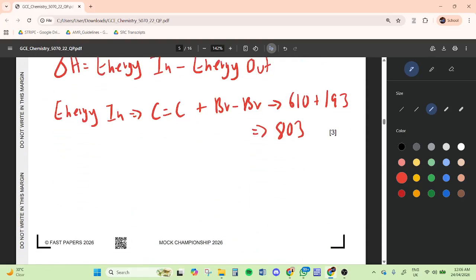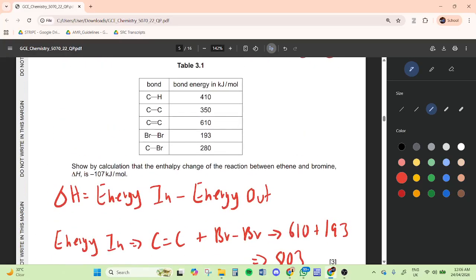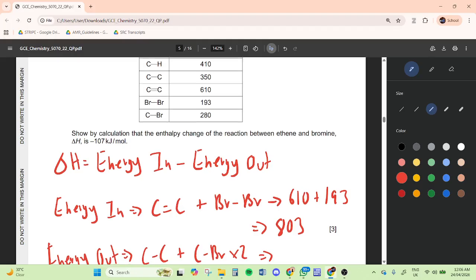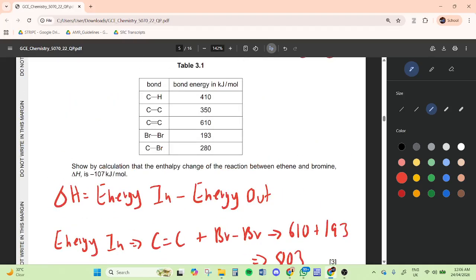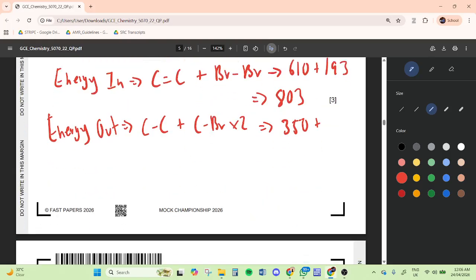So energy out will be the new carbon-carbon bond plus the carbon-bromine times 2, which comes to around 350 plus, it's 280, I think. Yeah, 280 plus 280.